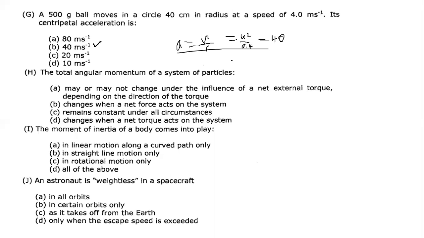The question is, the total angular momentum of a system of particles: A, may or may not change under the influence of a net external torque depending on the direction of the torque. B, changes when a net force acts on the system. C, remains constant under all circumstances. D, changes when a net torque acts on the system.